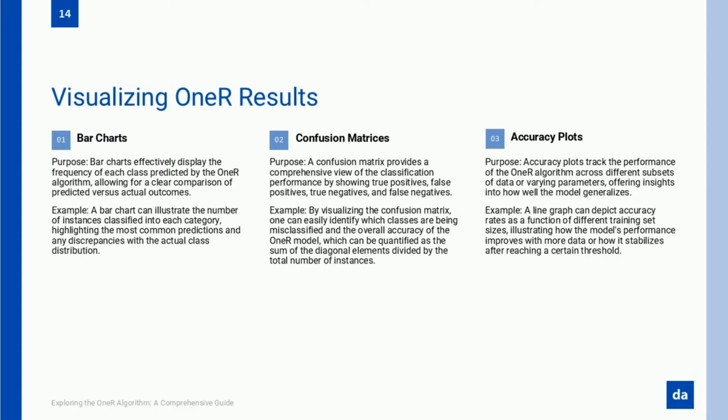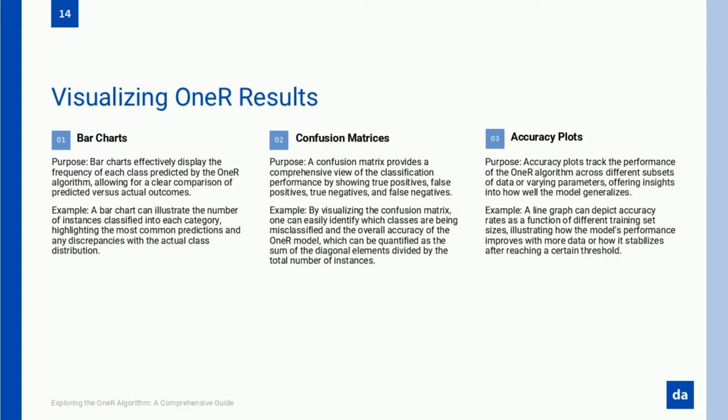Since OneR classifies data based on a single predictor, a bar chart can effectively display the frequency of each predicted class versus the actual class distribution. For instance, if OneR predicts customer purchases based on age, a bar chart can show how many customers under 30 were correctly classified as purchasers versus how many were misclassified. This allows for quick identification of any major discrepancies between predicted and actual outcomes.